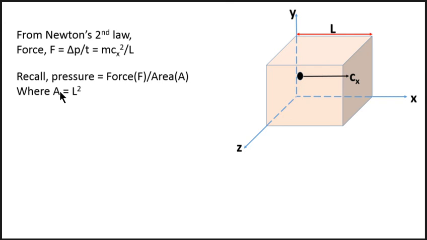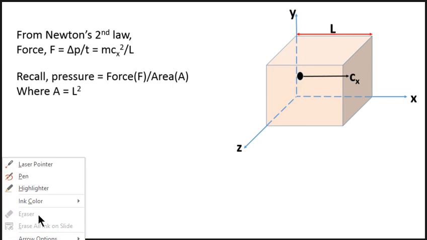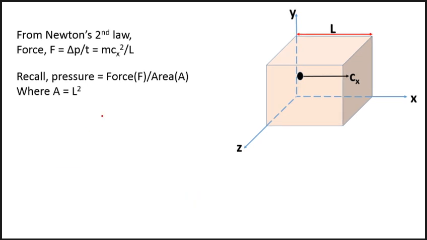Now I'll be able to determine the area, and I already know my force to be equal to the rate of change in momentum, which is the whole of this. So what I will simply do now is to substitute. I will put in this right here, then I will put this right here.